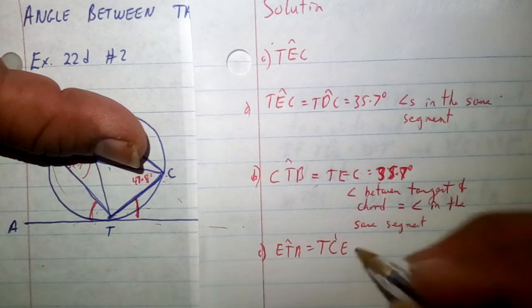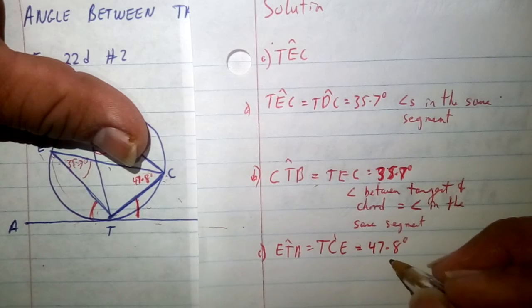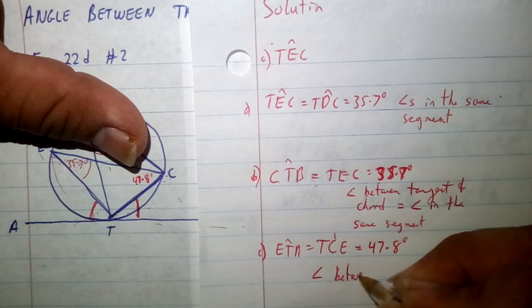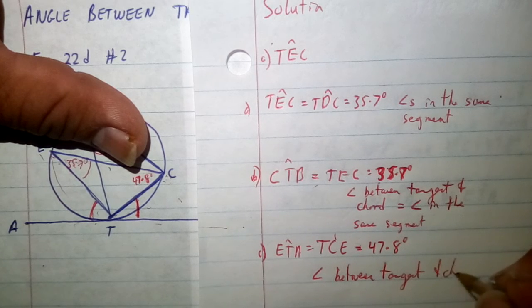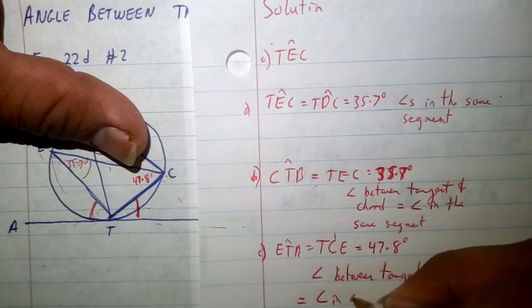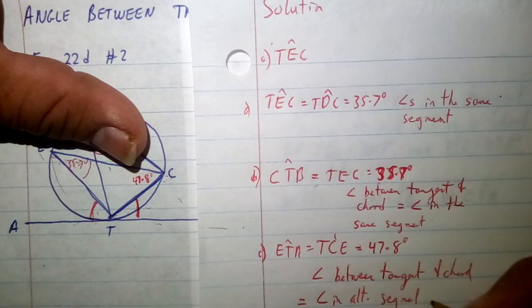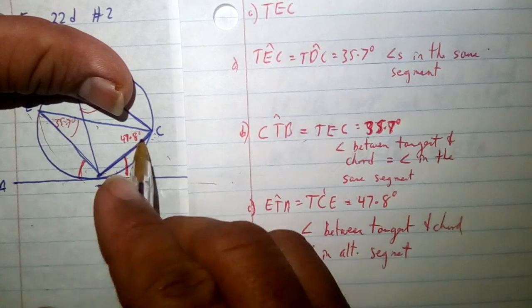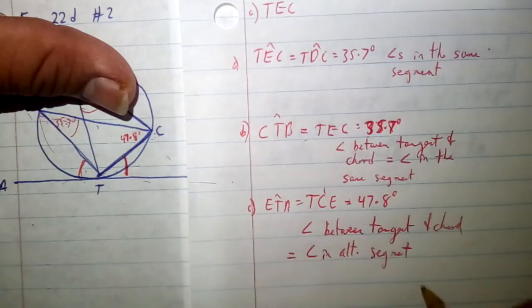Okay, so therefore this is equals then to 47.8 degrees, and that is the reason why angle between tangent and chord, or it is also equal to the angle in alternating or alt segment. ALT just for abbreviation. Okay, in the same segment. So here it's just in the same segment, so we get that value. So here we have 47.8 degrees.